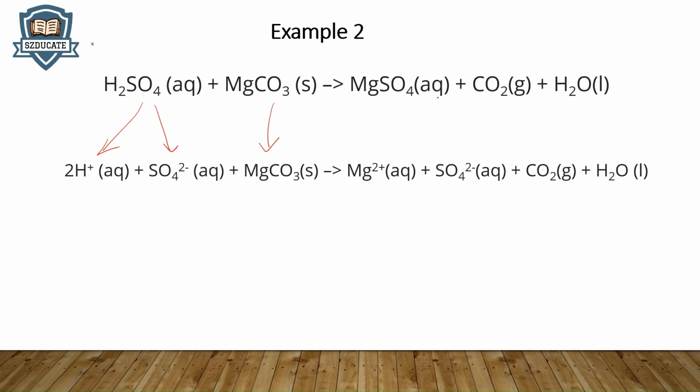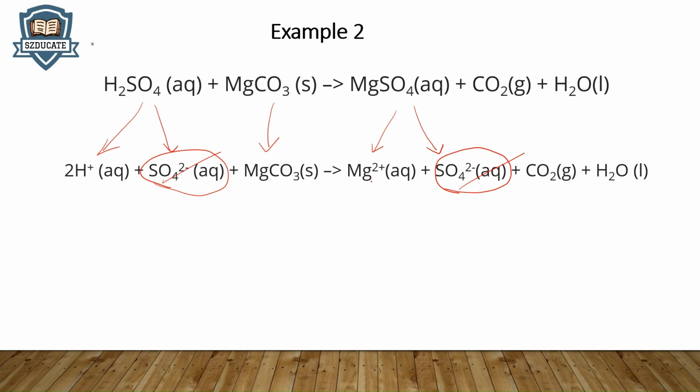MgSO4 is aqueous. Sulfate, all right, magnesium sulfate is aqueous, so we have to split it. It becomes Mg2+ and SO4 2-. Same thing, the state symbol must carry down. CO2 and H2O, we keep. Now, you realize SO4 2-, our sulfate, is still our spectator ion, so we're going to remove this from our ionic equation.